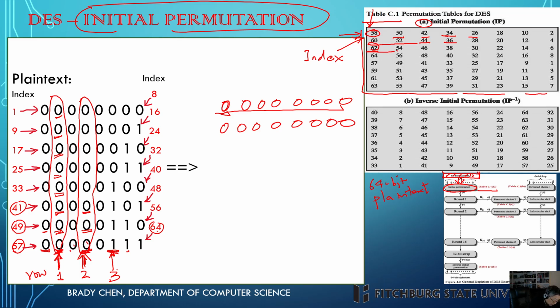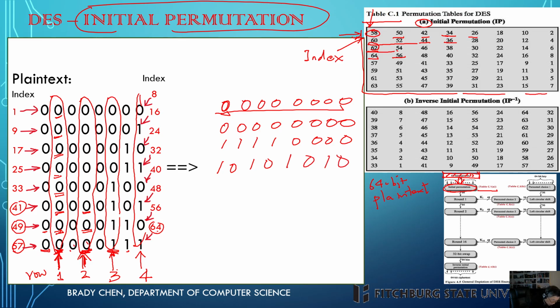So we have this. That's row number 3. Now what about row number 4 after the permutation? It's 64, 56, that's the last row, which is 1 0, 1 0, 1 0, 1 0. It's always bottom up.